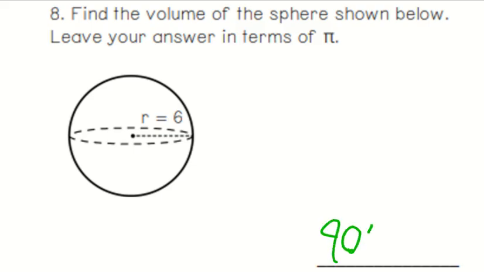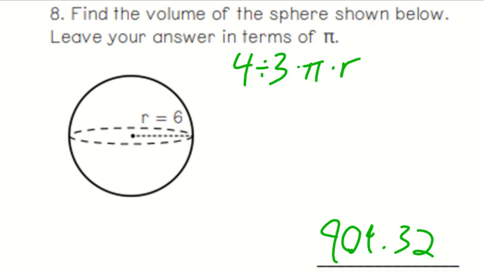Yeah, so we got 904.32. All right, for a sphere. Like I said, it's the weird one. It's a little different. We got 4 divided by 3 times pi times radius times radius times radius. No height, but we got to have 3 letters on any of these shapes. 3D shapes, 3 letters, okay?